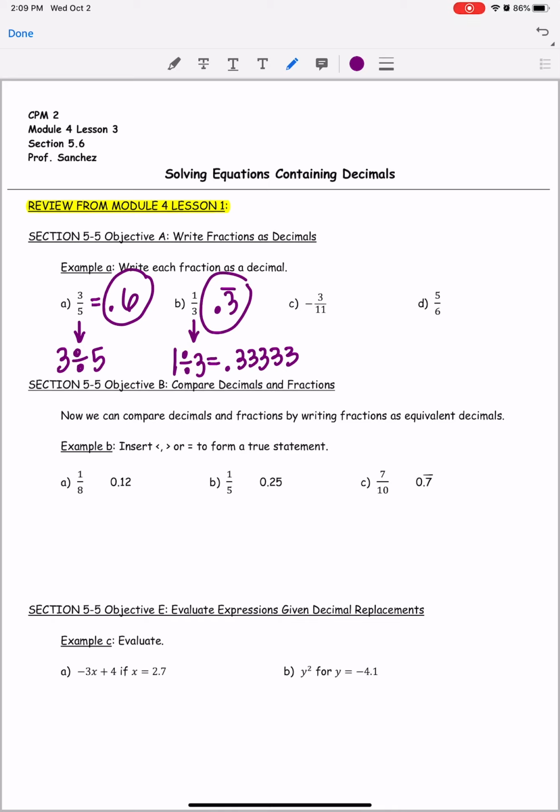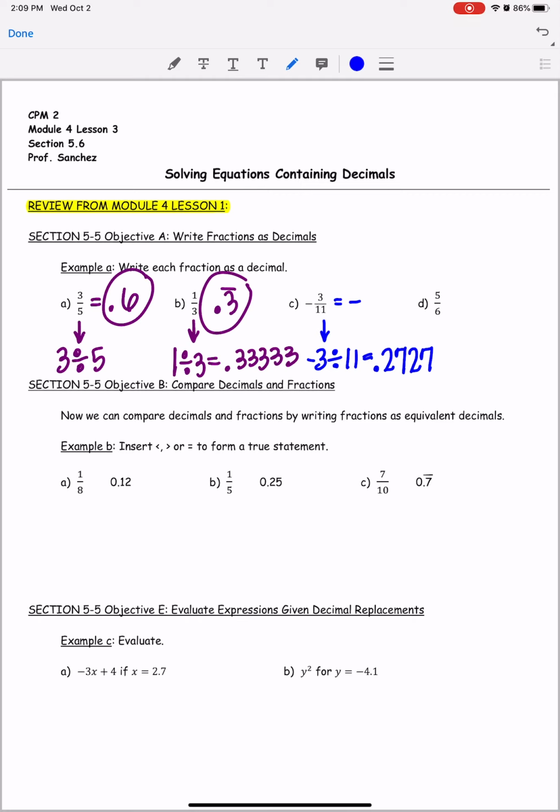Okay, on C, you're doing the same thing. We know that this is going to be negative because there's a negative in front. So in your calculator, negative 3 divided by 11. This one's a little bit different because it's going to give you 0.272727, and that 27 is just going to keep repeating and repeating.